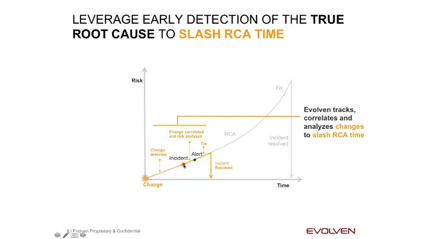Then you might have an incident that occurs, and at that point, Evolvin can be correlating and analyzing the risk of the changes that it detected earlier. Now, you may have an alert that goes off, and that again is going to provide some additional context to the product. And ultimately, at that point, you'll be able to fix the problem and resolve it out here.